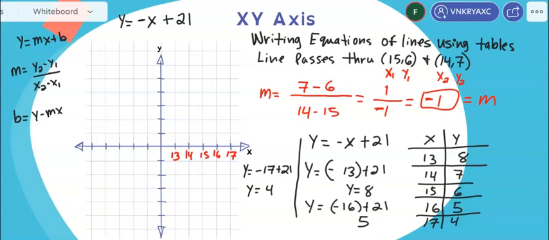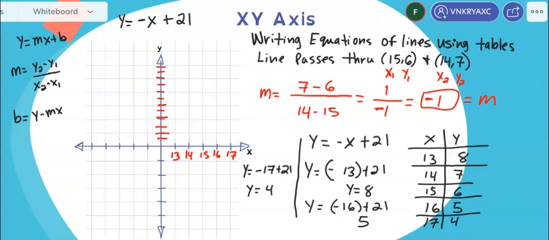I'm just going to start here with 4, and I'm going to go up. 1, 2, 3, 4, 5, 6, 7, 8, 9, 10, 11, 12.